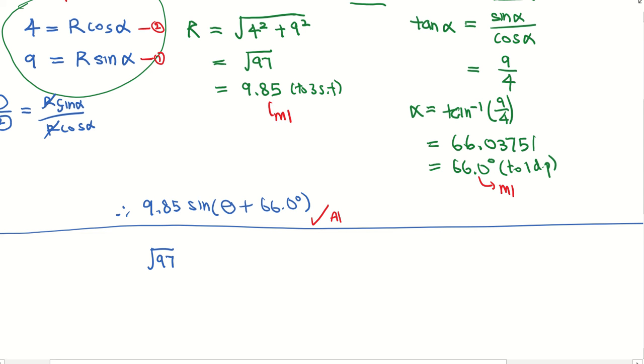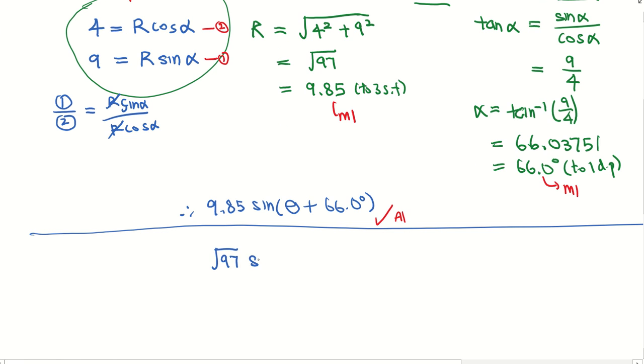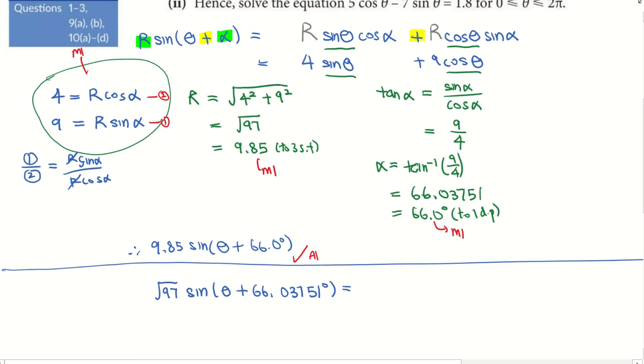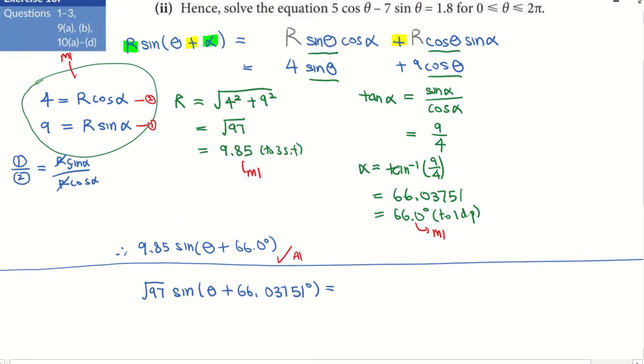I'm not going to use 9.85, I'm going to use root 97. Please take note that if you did not use the exact value, please change it. I'm going to use the R formula equals 9.6. This is how I'm using part 1.